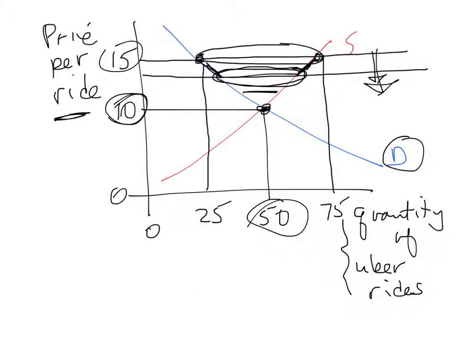The excess supply shrinks because the quantity demanded rises, the quantity supplied falls, and eventually we get to this point. This point, by the way, is called the equilibrium, and the equilibrium is a price-quantity combination where the quantity demanded equals the quantity supplied. So it's that price at which the excess supply is exactly 0.